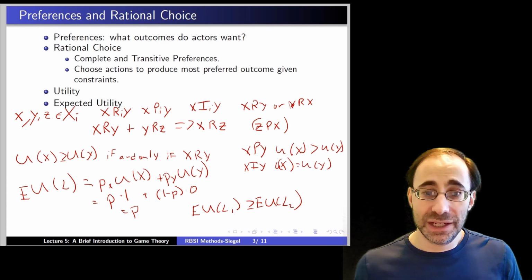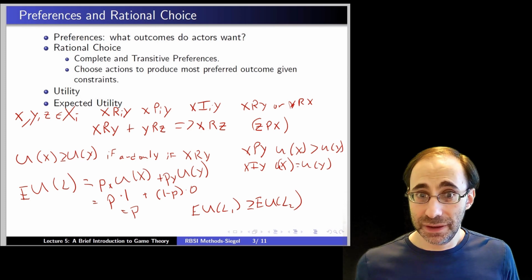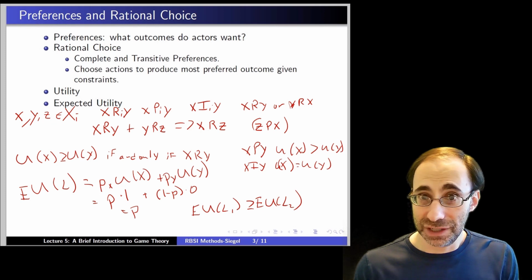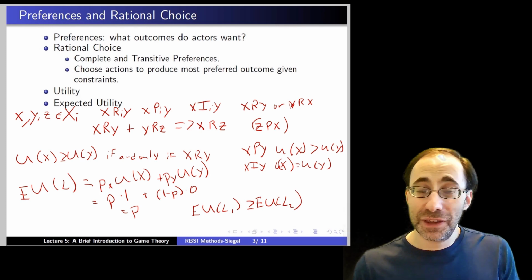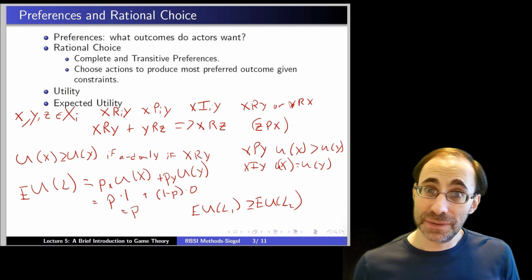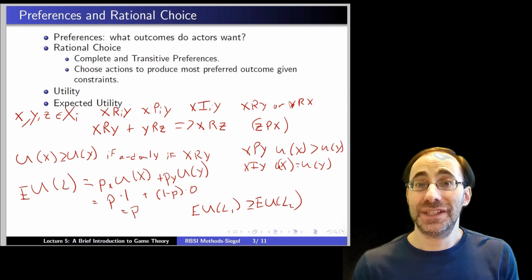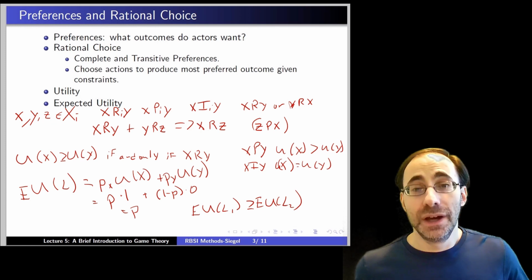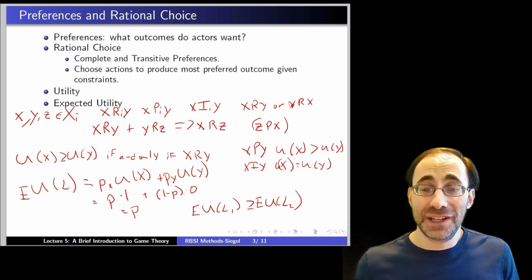All I'm really saying is you can translate complicated preferences, once you assume rational choice preferences, that you're rational in your behavior, into utilities and expected utilities that are just numbers, and compare these directly to figure out the thing that gives you the best outcome, the optimum thing you can achieve, given the constraints. So in this case, if I have two lotteries I have a choice over, I can pick a lottery that gives me the best expected utility.